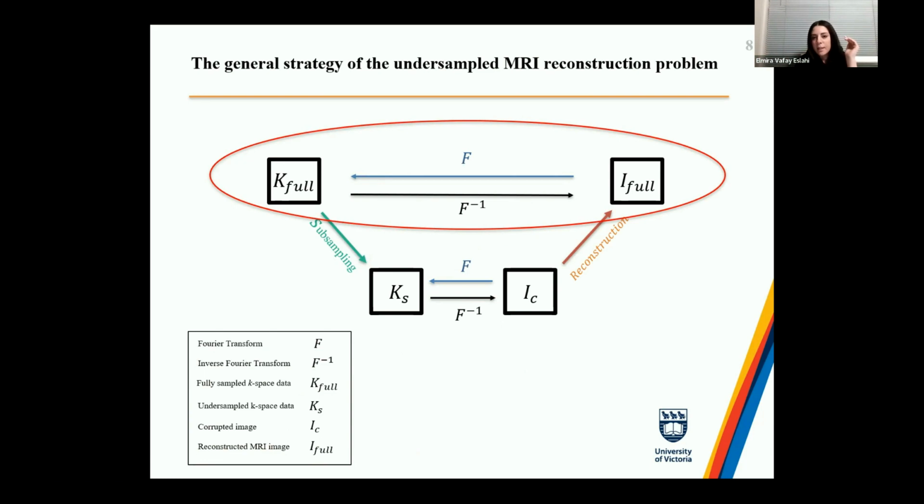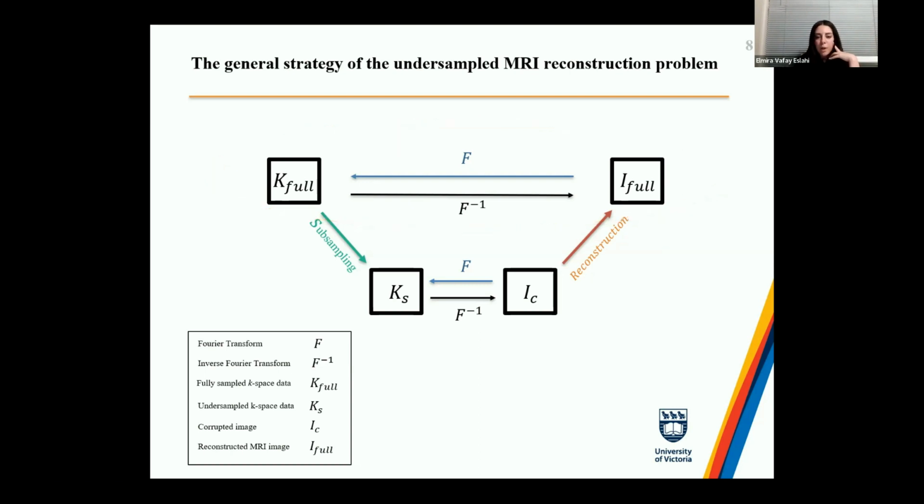But in this study, we want to speed up the process, and then we need to do reconstruction. So this is why we have this procedure where we first do subsampling and produce undersampled K-space data.